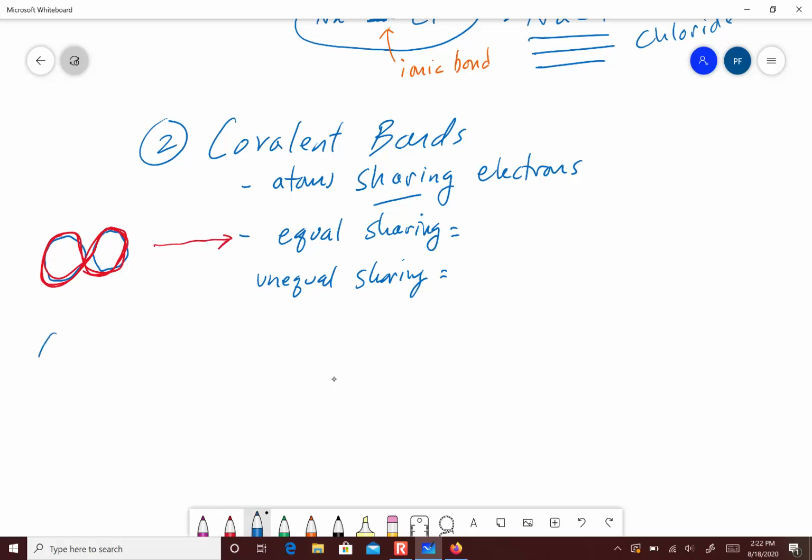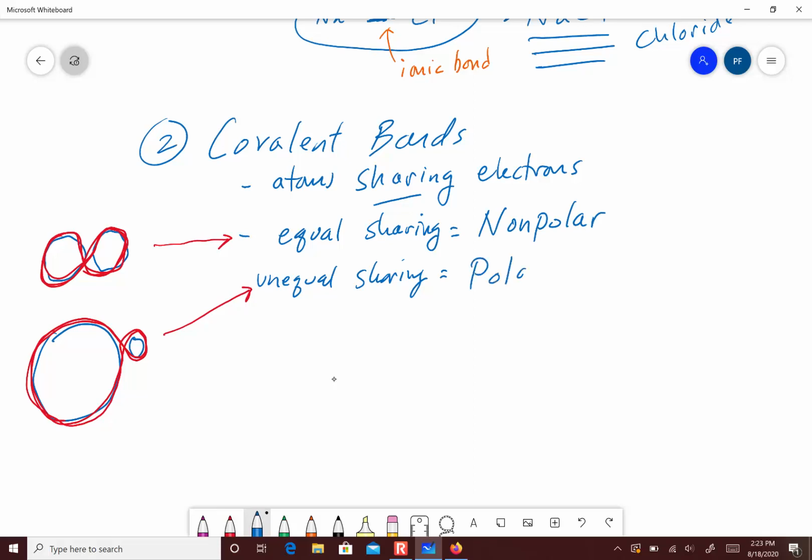But now if we have an atom that's really big and one that's really small, then the electron's going to spend much more time around this big atom, much less time around the small one. That's unequal sharing. Okay, if it's equal sharing, we call it nonpolar. If it's unequal sharing, we call it polar.